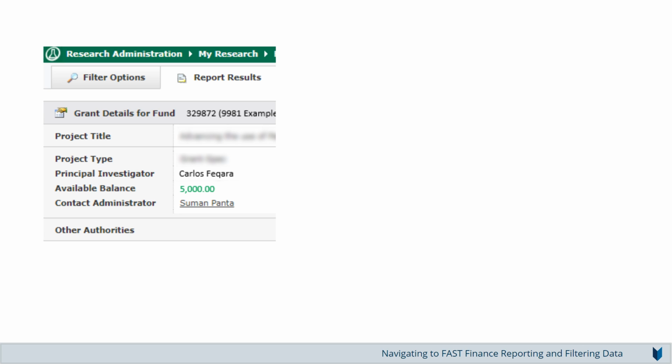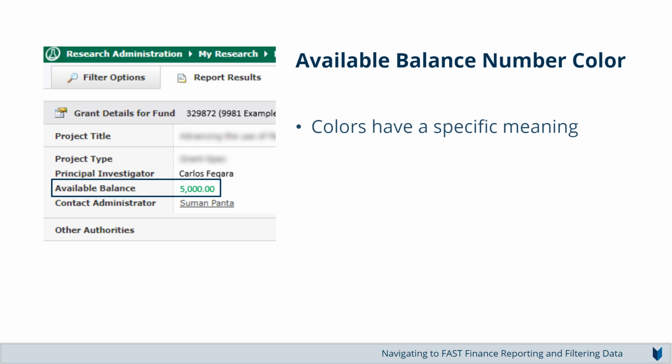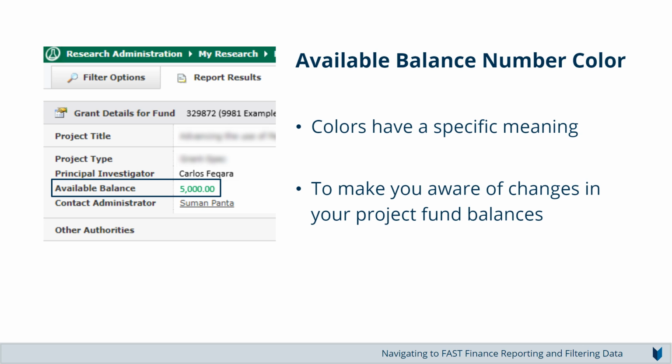Another thing to note is that when you are in the grant details for the fund, you'll see that the number is in a colored font next to Available Balance. The color of this available balance number has a specific associated meaning and is intended to make you aware of changes in your project fund balances in FAST. It's important to know what the different colors mean as they change throughout your project.